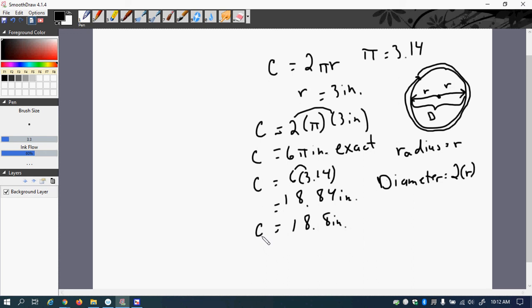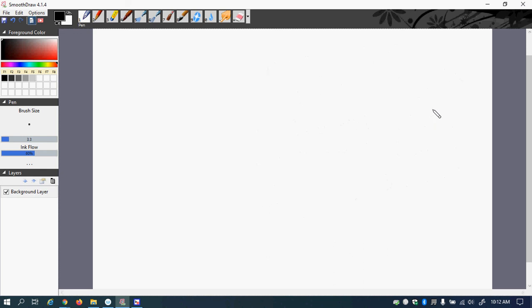Now to calculate area of the circle, we need to have another formula, which is a specialized one. It's area equals pi r squared for a circle.